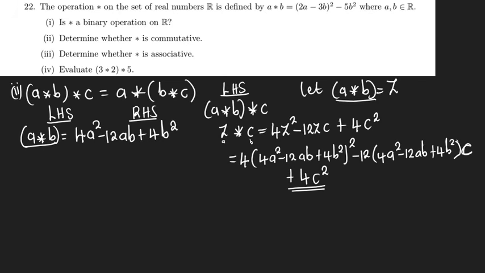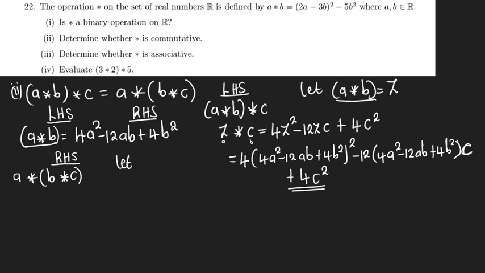Let's try to do the right hand side. So right hand side is going to be A star B star C. Now, we can use the same Z concept.